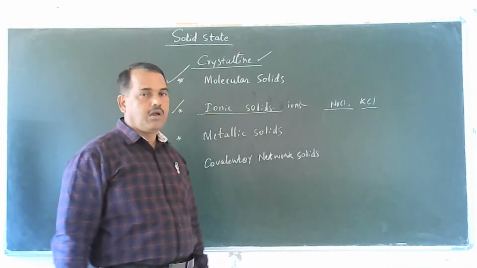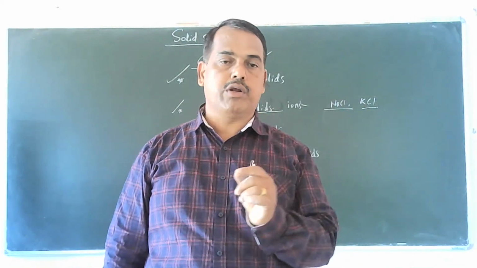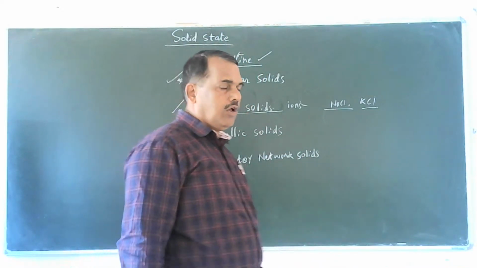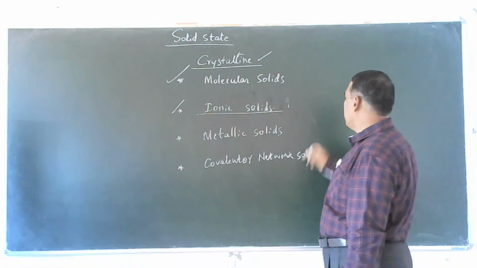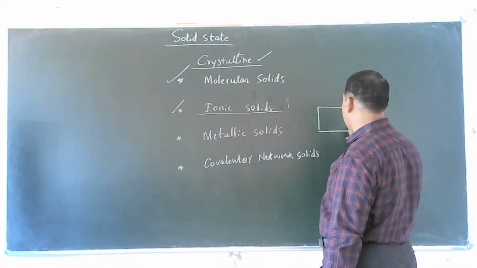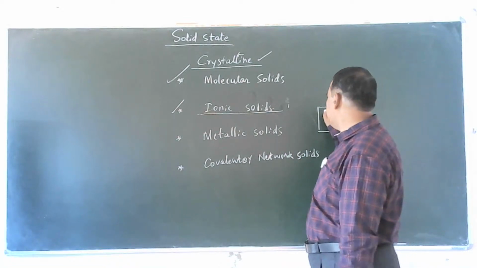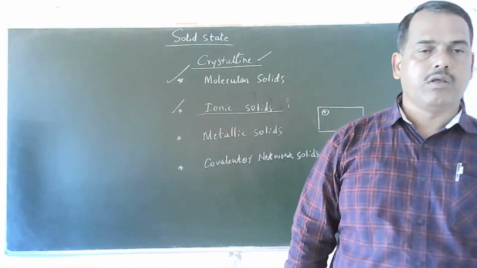Okay. Next we have to study metallic solid. A very important concept, metallic solid. So you can easily remember metallic solid. See, it is nothing but a metal lattice, which comprises a positive part.